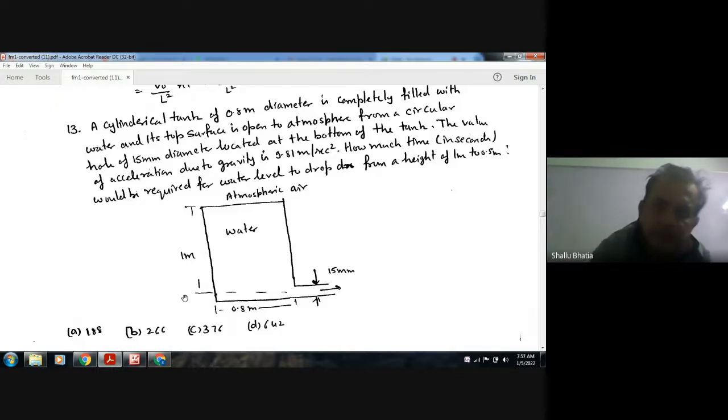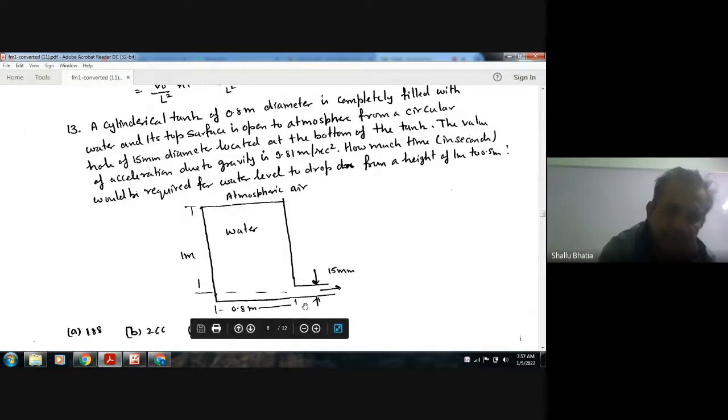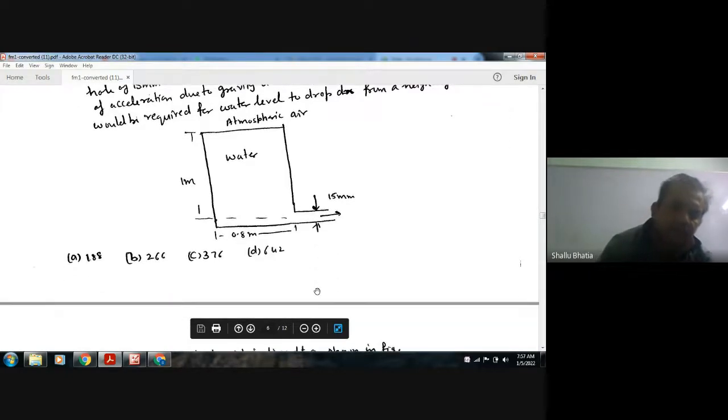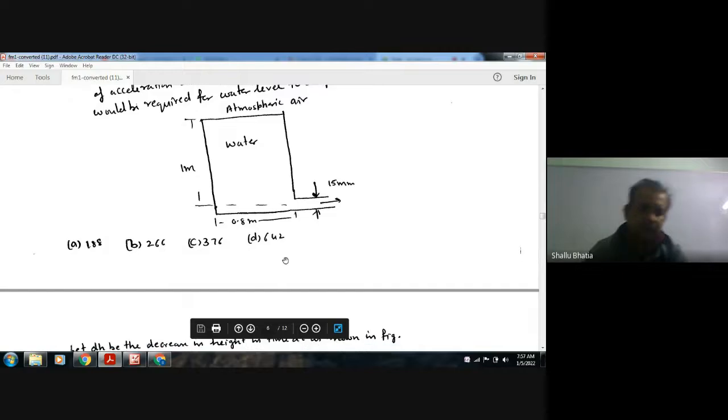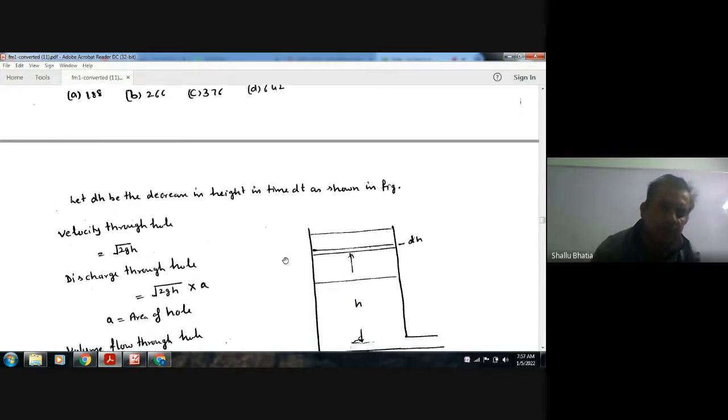How much time in seconds would be required for the water level to drop from a height of 1 meter to 0.5 meter? So this is 1 meter, this is 0.8 meter diameter, this is the 15 mm diameter of the hole. The options are 188, 266, 372, 642, all in seconds.